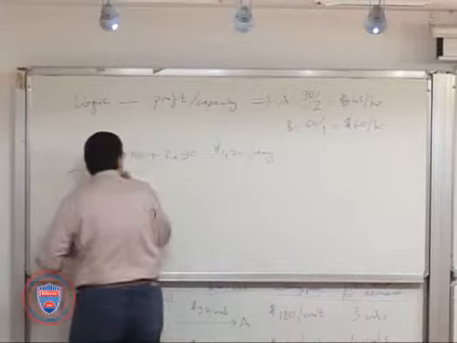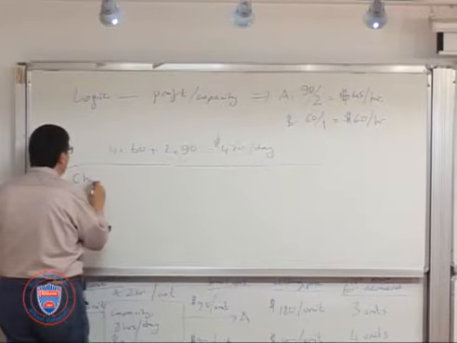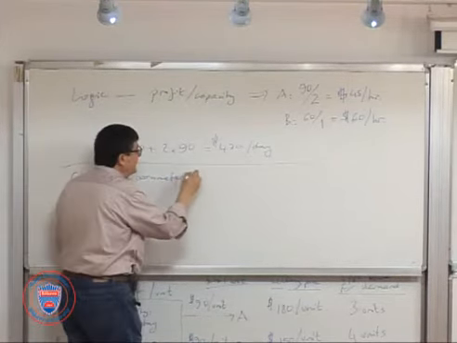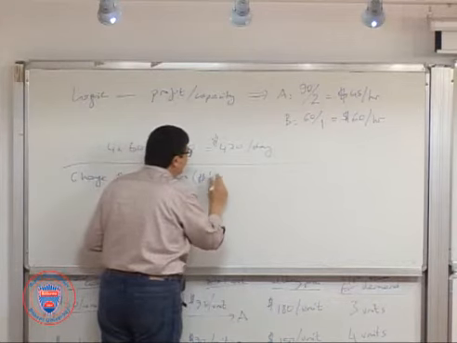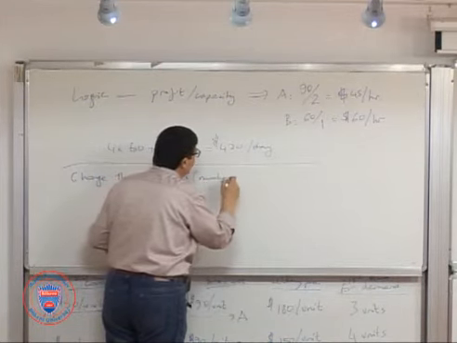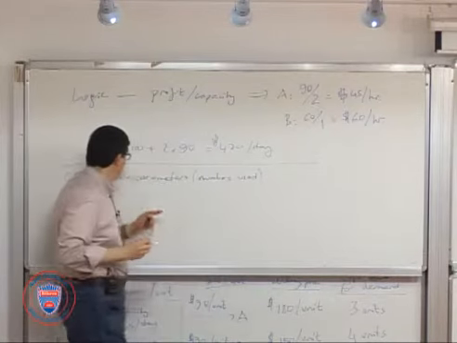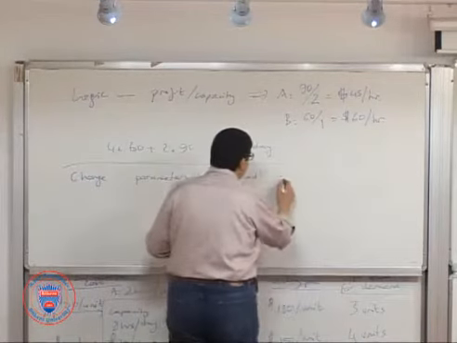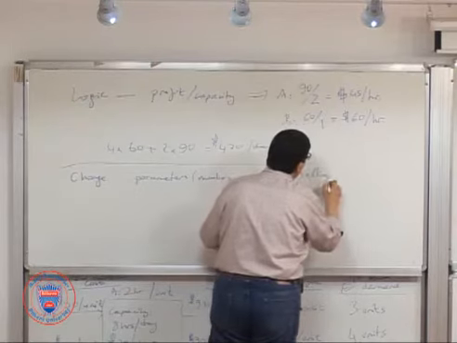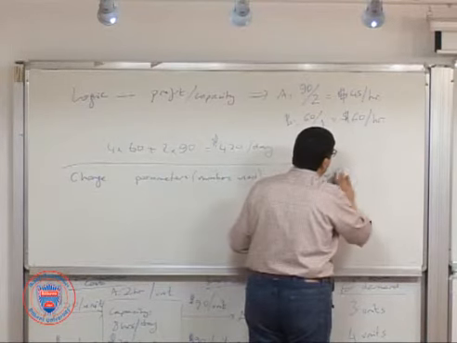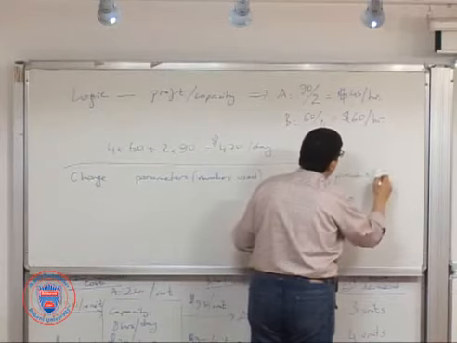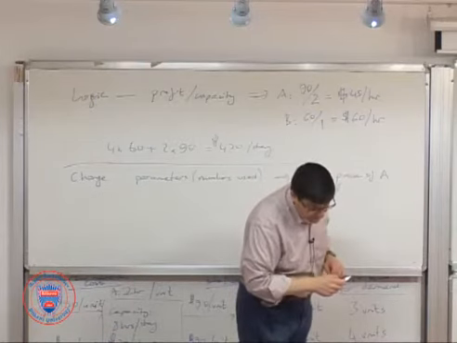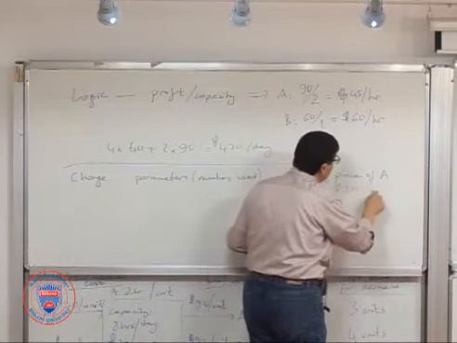Now, what I will do is I'm going to change the parameters of the problem a little bit, the numbers used in the problem statement. For example, let us assume that the selling price of A be $210 per unit.